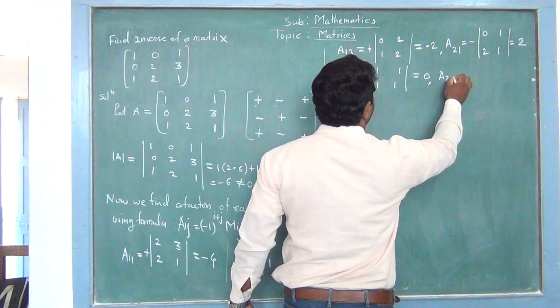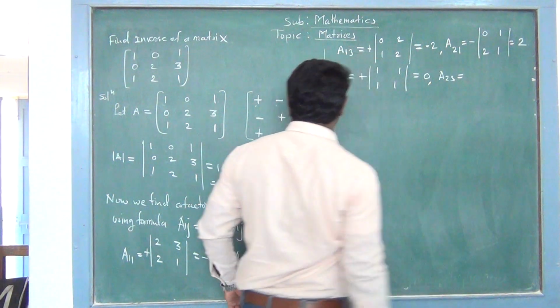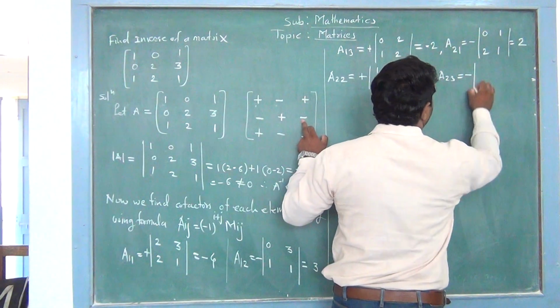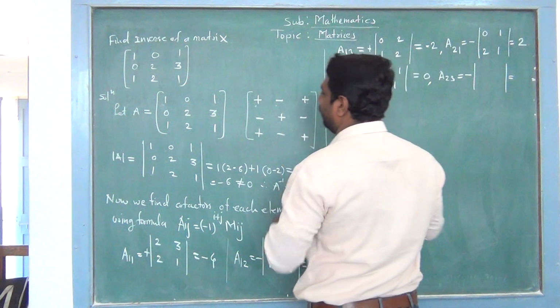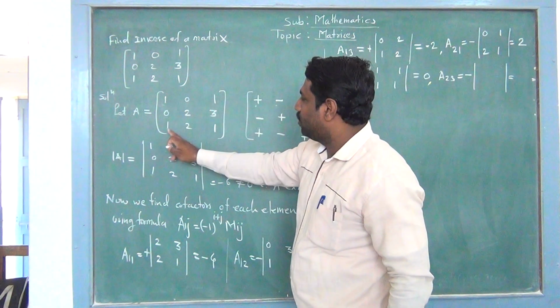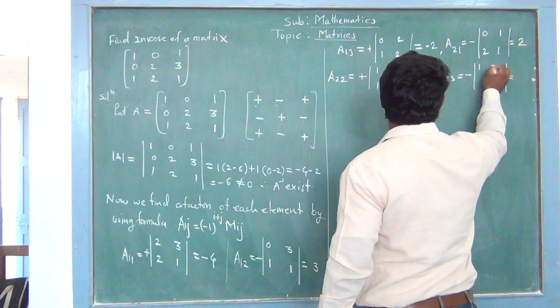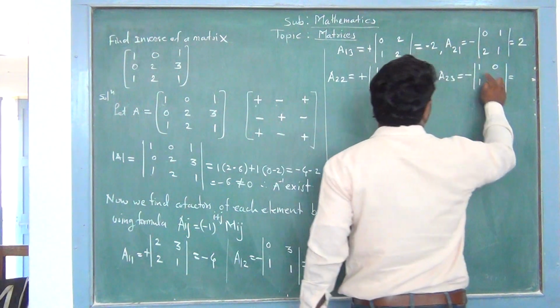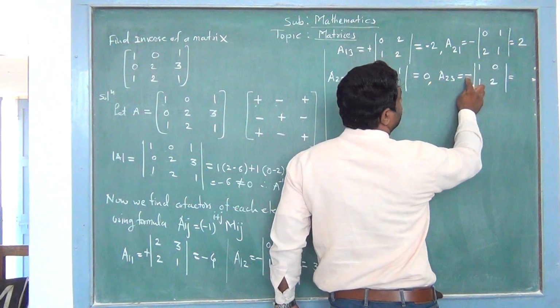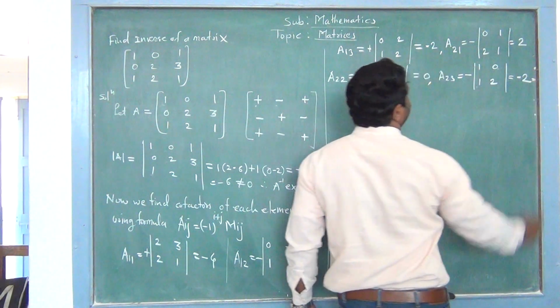Now A23 has sign minus, therefore minus of, deleting second row third column, [1 0; 1 2]. So 2 minus 0 is 2, and with the outside minus, that is minus 2.